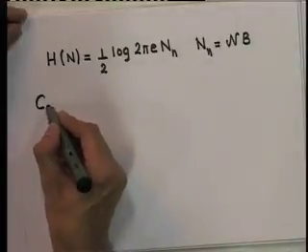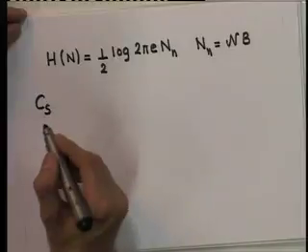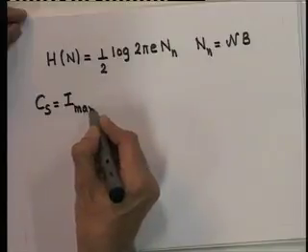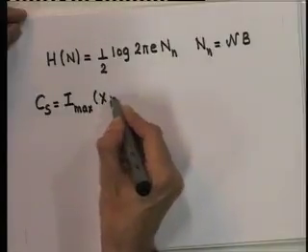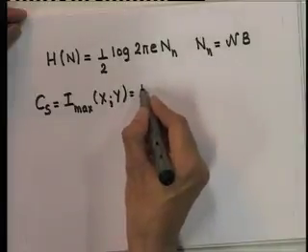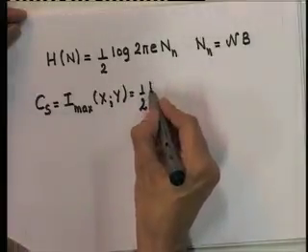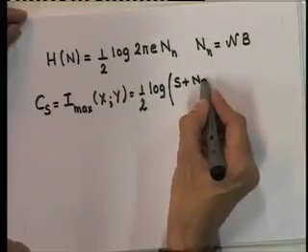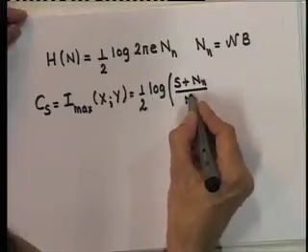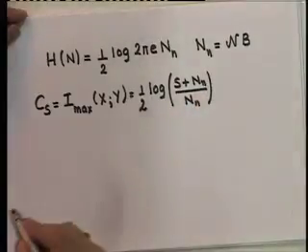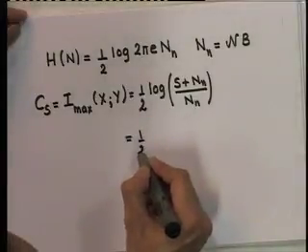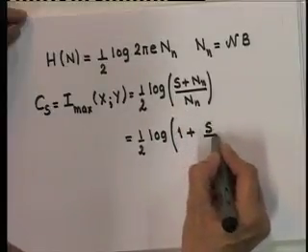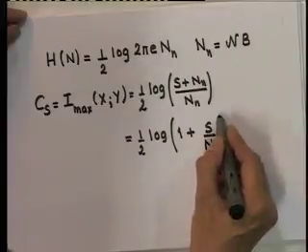Therefore, channel capacity C s per sample is equal to half log of (S plus n n) over n subscript n, which is equal to half log 1 plus signal to noise ratio.